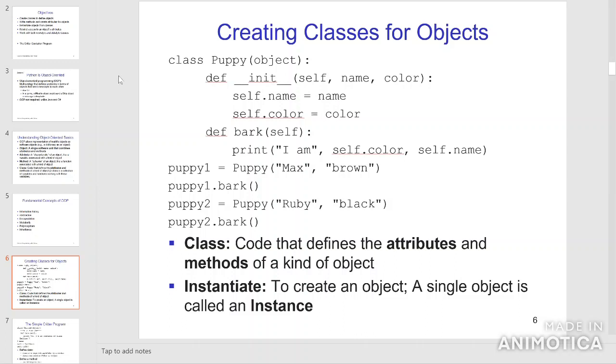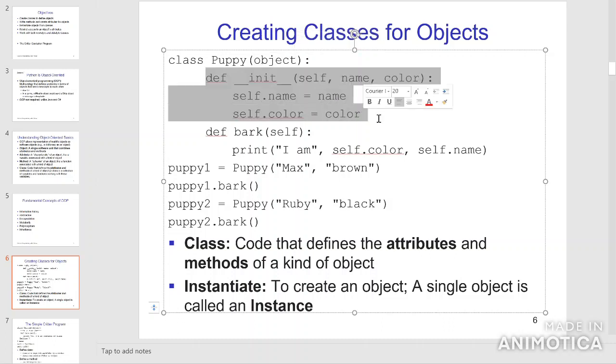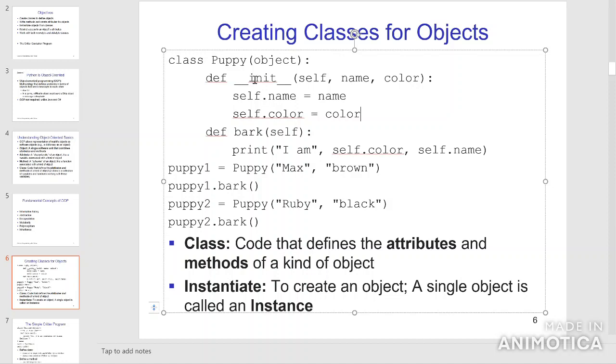So you use class to define a class, and this is the class name, and this is what kind of class you inherit from. You can leave this blank, or you can use an already defined object. Okay? And then the first function actually is the creator.